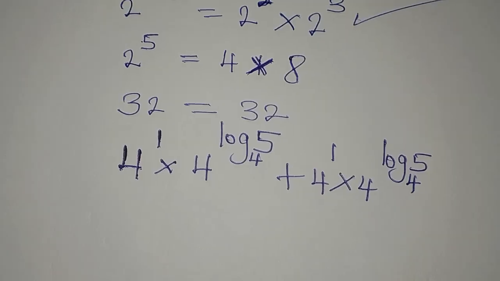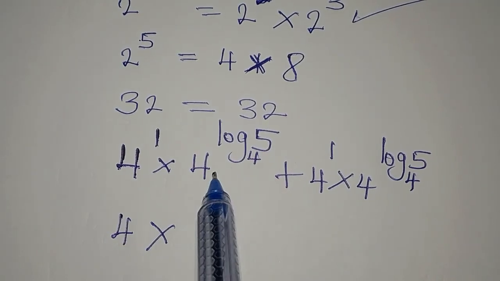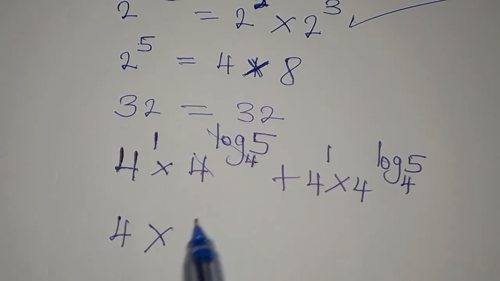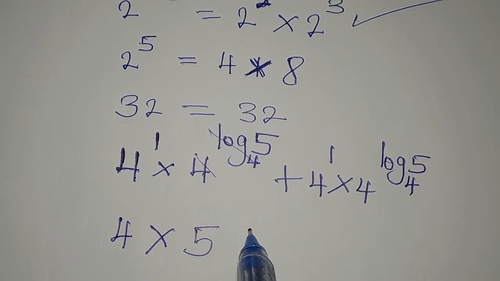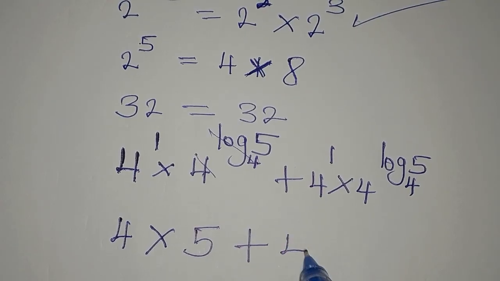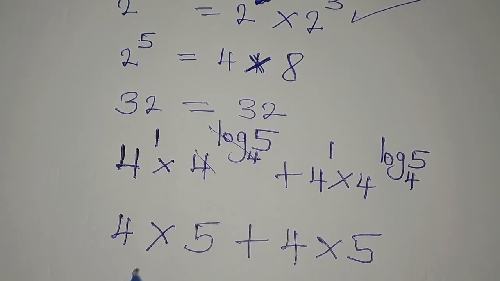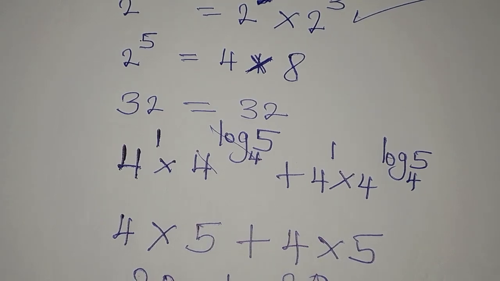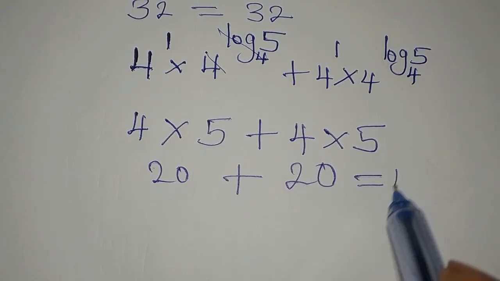Now, 4 to the power of 1 is 4, then this and this are the same. The 4 here is the same 4 there, so that cancels. That's another law of logarithm. So we have 4 times 5 plus the same 4 times 5. 4 times 5 gives 20, plus 4 times 5 gives 20, right? Then 20 plus 20 is 40.